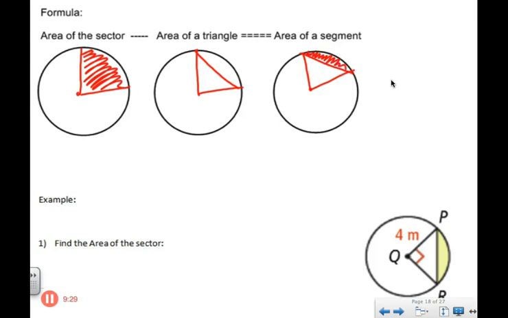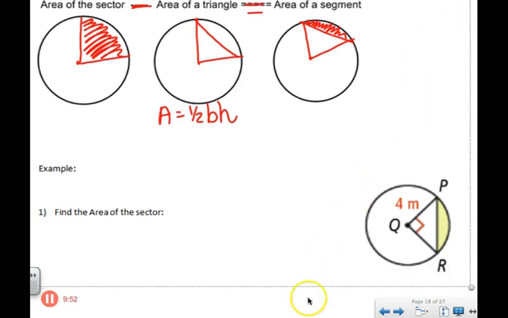Can I find that little piece up there? Okay. So what you're going to have to do is find the area of the sector. And you're going to have to subtract the area of the triangle, and that's going to give you what's left, okay? So remember, area of a triangle, your formula is 1/2 base times height. And that's probably going to be the trickiest part, finding the area of a triangle.